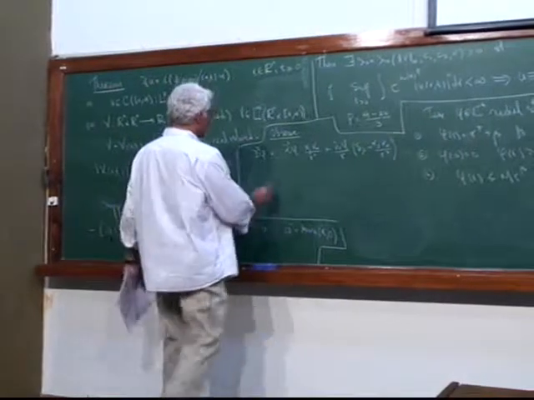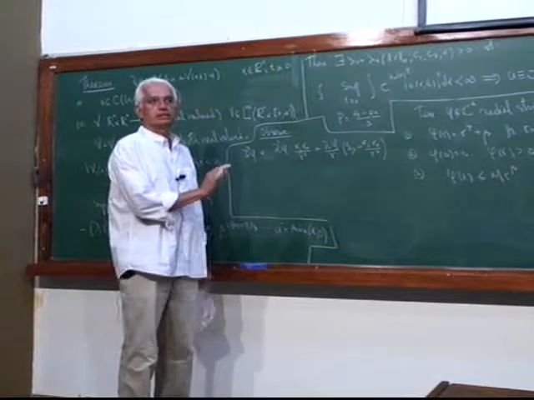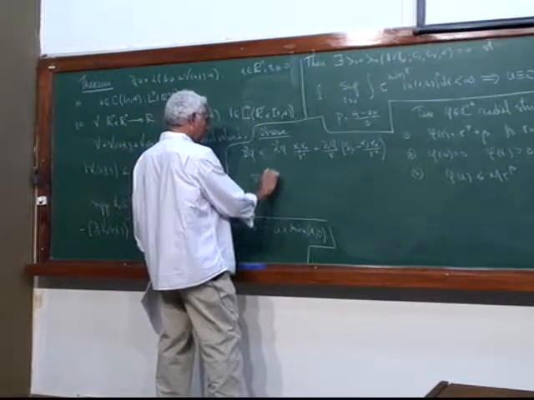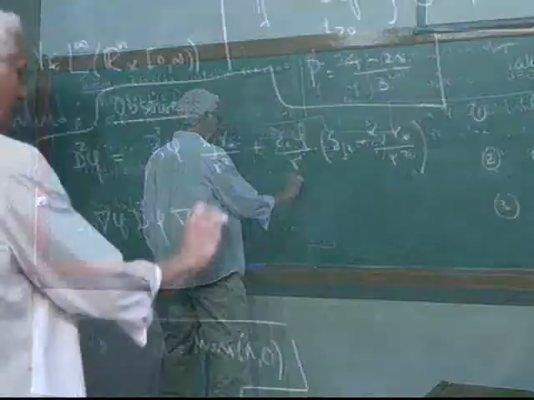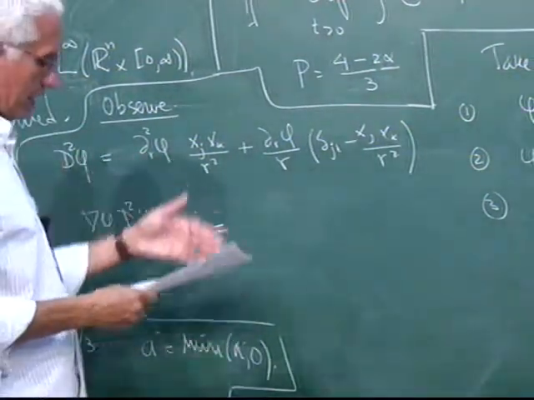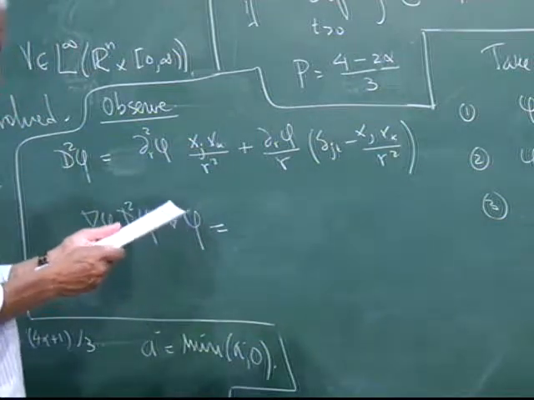In particular, is this clear? If you multiply the gradient with the second derivative matrix with the gradient on this side, what do you get? You can see that you're going to have a cancellation, and you're going to finish with this.